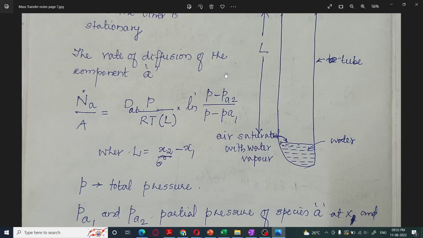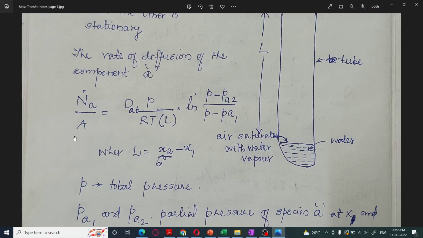You can just refer to the particular case, whether it is an equimolar counter diffusion or a stationary evaporation of water, etc. So evaporation of water is an example of diffusion of a component into a stationary medium. So here the species of our interest is water evaporating into atmospheric air.